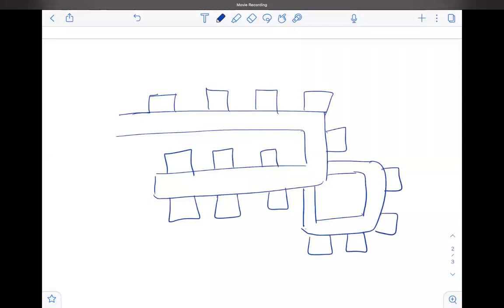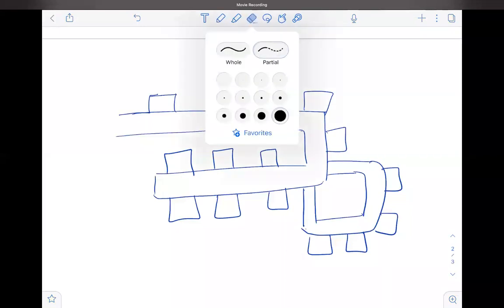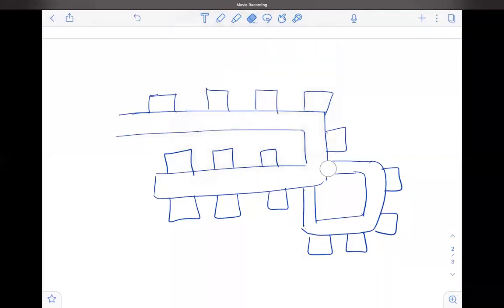Okay, is it clear what I have drawn? This is kind of a corridor, and there are various rooms associated with it. So you are here. Your job is to go and search out all the possible rooms.